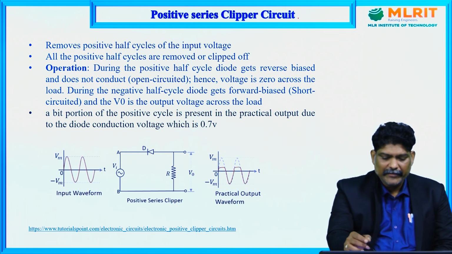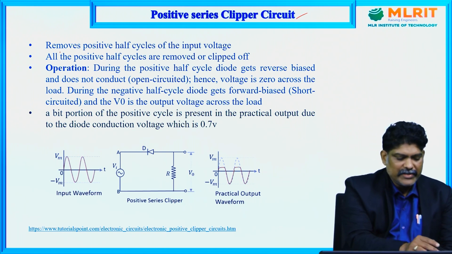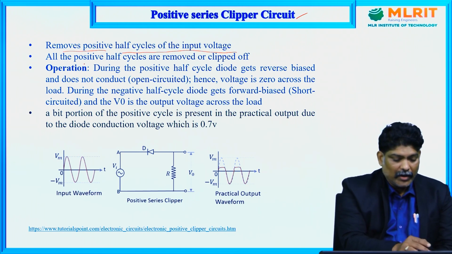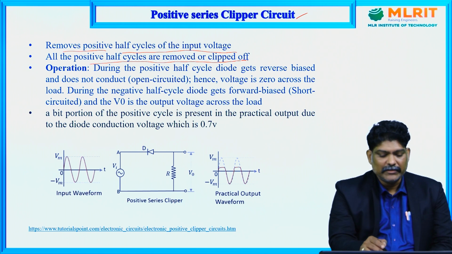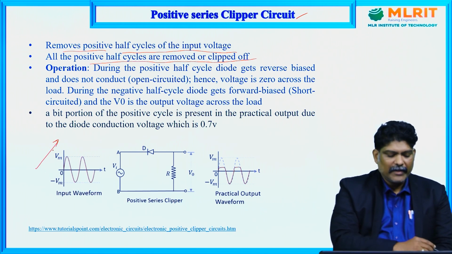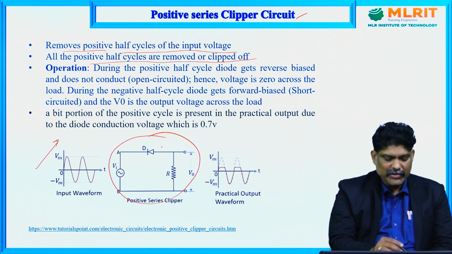Positive series clipper, unbiased clipper circuit. It removes the positive half cycles of the input voltage; all the positive half cycles are removed or clipped off. If you see this signal, this is an input signal which is applied to a positive clipper.